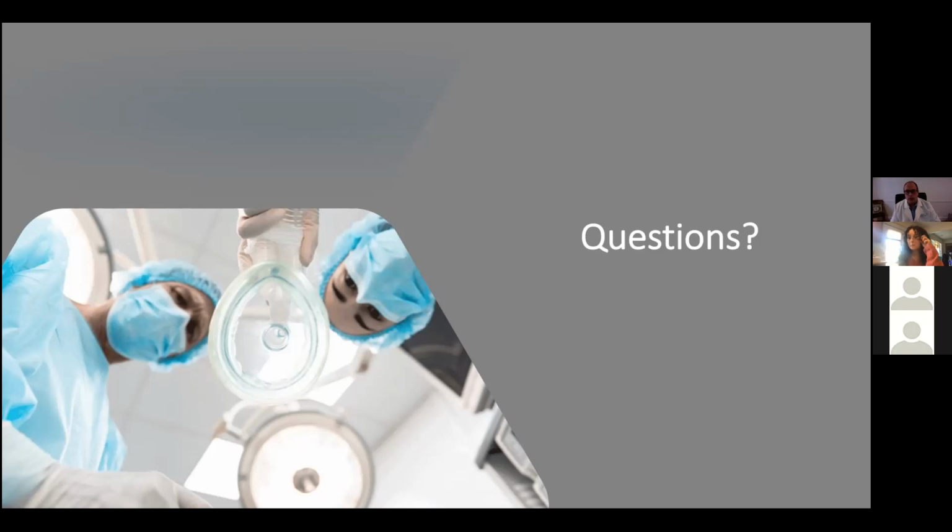Any major changes coming to the field? From a providing standpoint and administering anesthetics, we are looking at enhanced recovery after surgery.